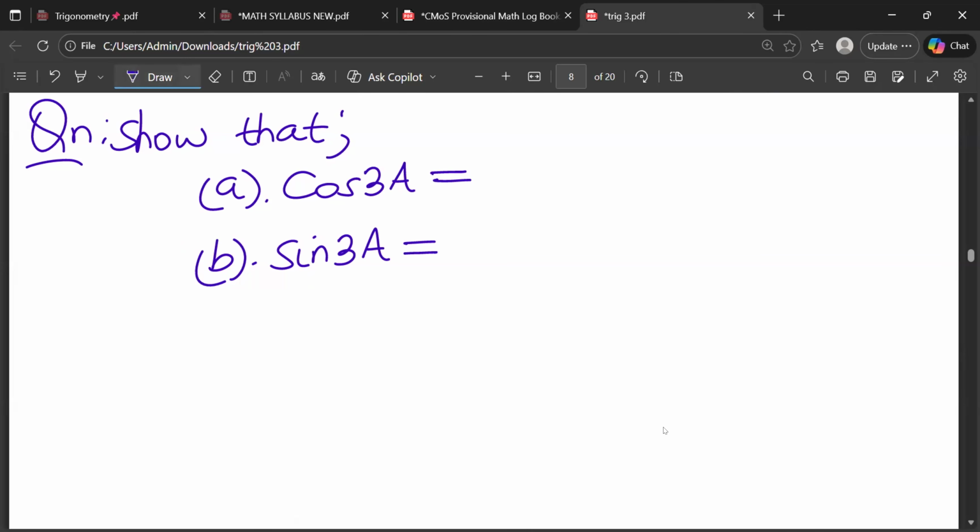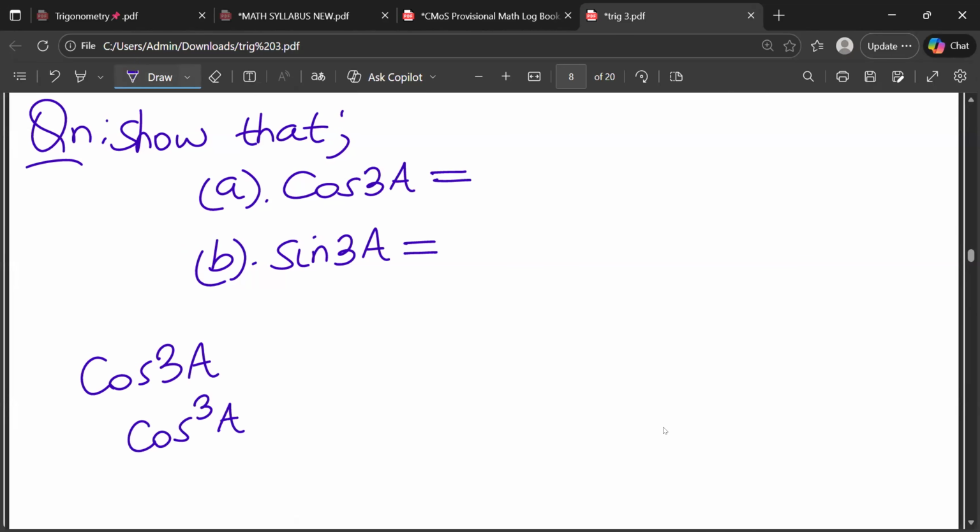So have it in mind that for cos 3 theta, we have the cos 3 theta like that. Then for cos 3A, we have the cos cubed A and the 3 cos A. I don't know if you see the difference between the two.